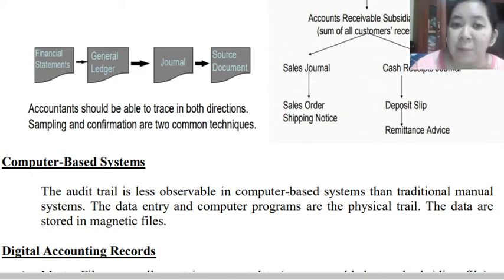Whereas in the computer-based system, we only use the computer and then we can generate reports, journal and ledger from there. So the data entry and computer program are the physical trail that they can have, and this data is stored in magnetic files, in cloud storage, or in any other electronic storage. Unlike in the manual system, they have the physical file of the documents.